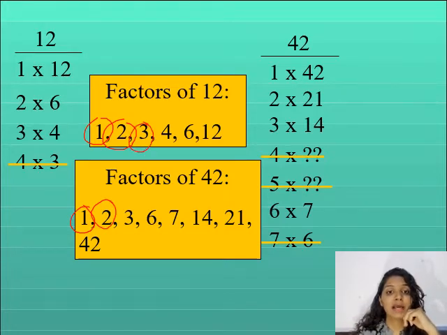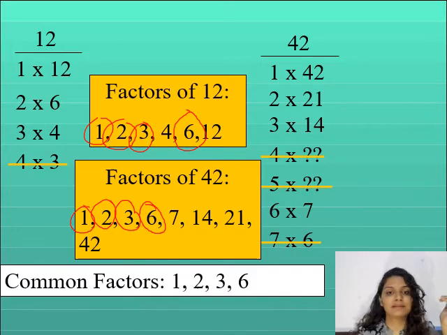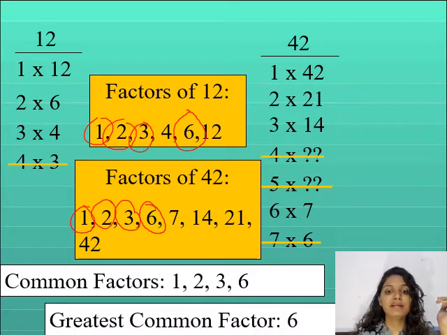And then what is next? 4? No. 6? Yes. And 12? No. So the greatest common factor of 12 and 42 is 6. So our HCF or GCF for the numbers 12 and 42 is 6.